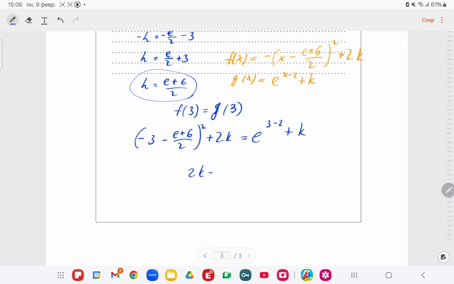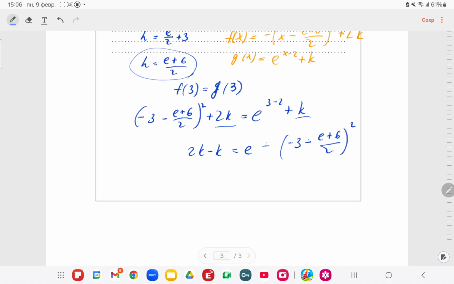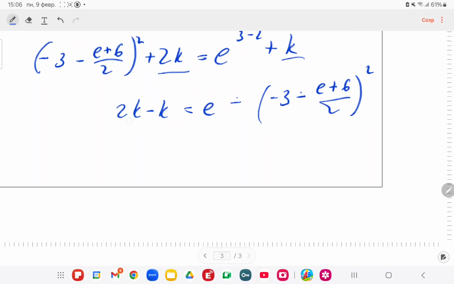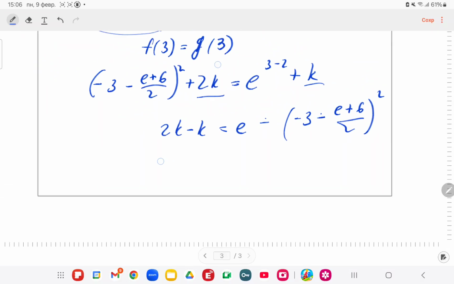So what we will get finally: 2k minus k equals e. And then let's write this way, 3 plus e plus, oh wait, we have to square it, so it takes time, minus 3 plus minus e plus 6 over 2 squared. Let's simplify the expression in the brackets, because it's confusing so far.